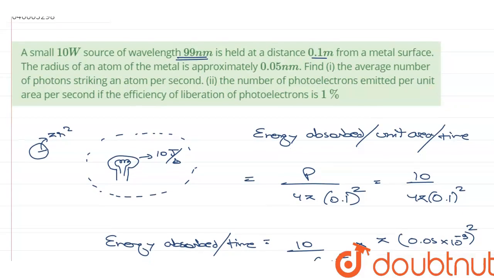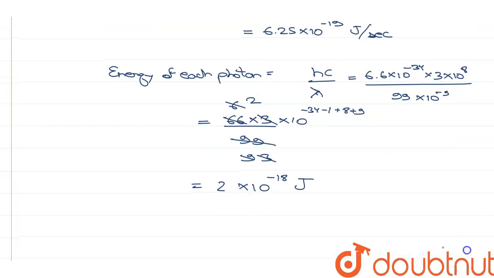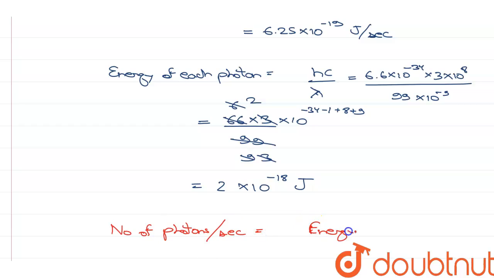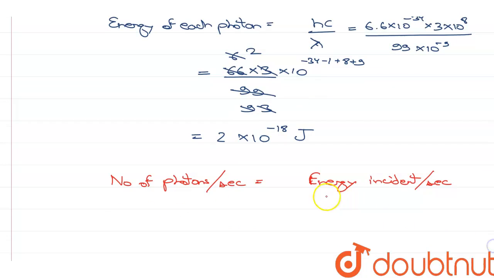So the average number of photons striking an atom per second will be energy incident per second divided by energy of one photon.